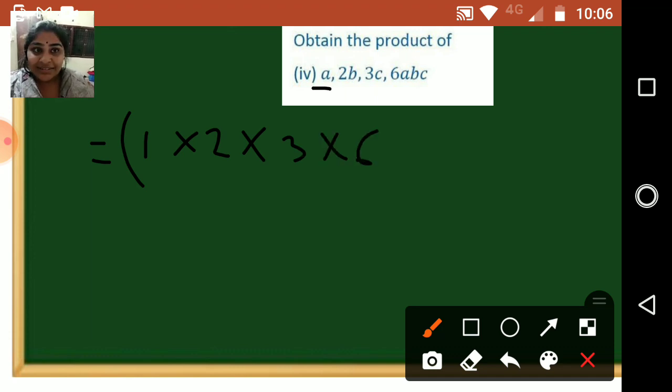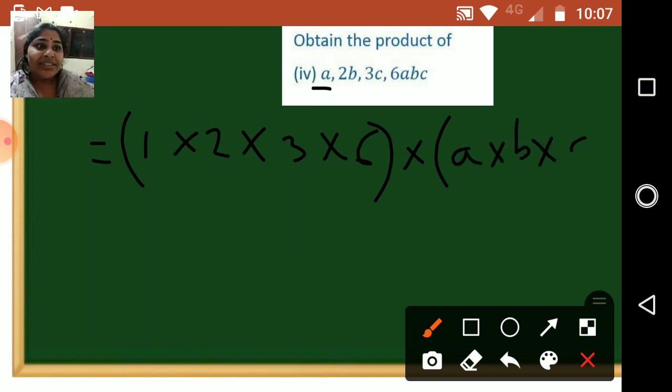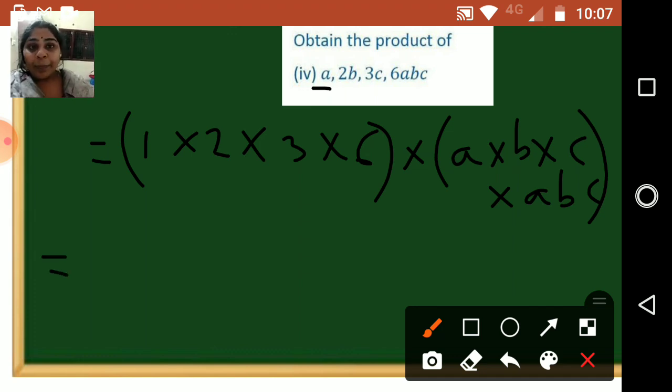by 6. Alright, and then multiplied by, in the other bracket we will keep a multiplied by b multiplied by c multiplied by a, b, c. Right? Now what we are going to do here is multiply all the coefficients which were there, write down, and then multiplied by.